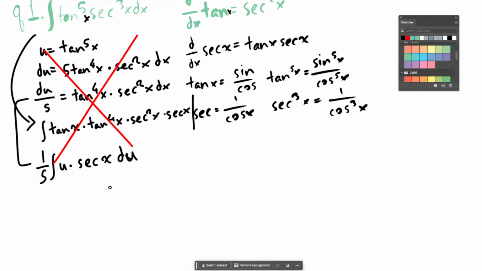Okay. We got this. What if we integrate by parts?